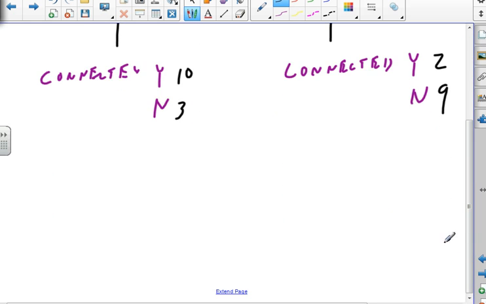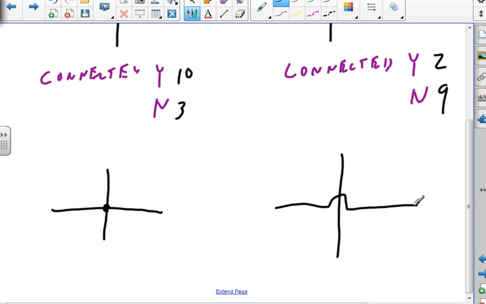All right. So now we're going to look at something else. And we're going to look at this. And we're going to look at this. Okay. Now, on the electrical side, is this connected? Yes. On the plumbing side, is this connected? No. All right.